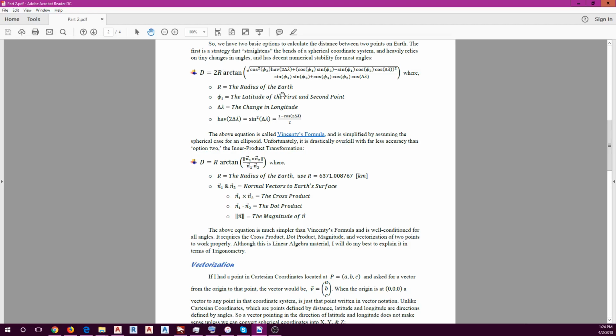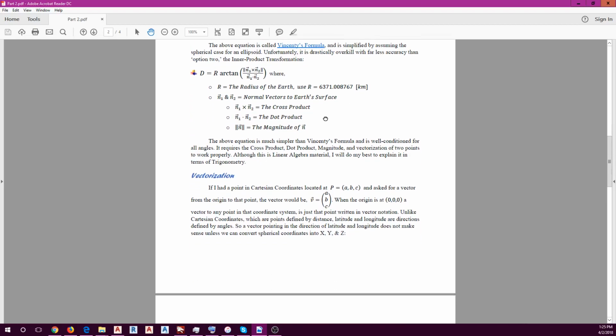This is actually much worse, but I'm assuming that the radius of the Earth in the latitude direction is the same as the radius of the Earth in the longitude direction. In other words, I'm assuming the Earth is a sphere and not an ellipsoid, which is what it really is. Unfortunately, this is drastically overkill with far less accuracy. So I'm going to use the better notation.